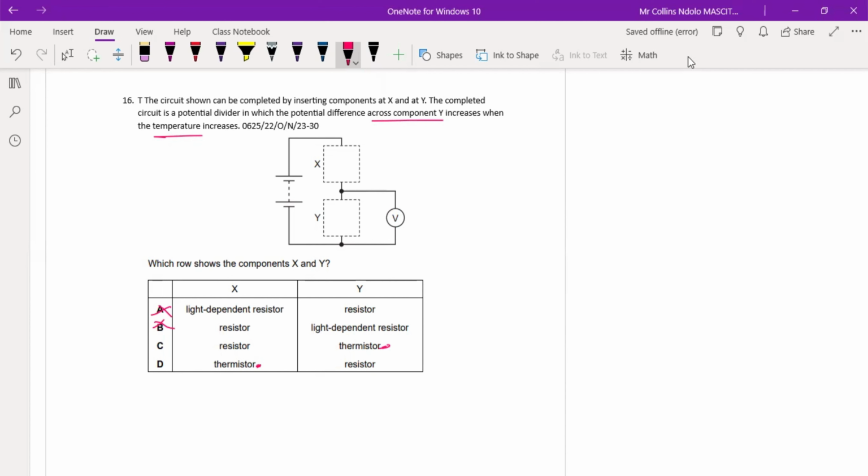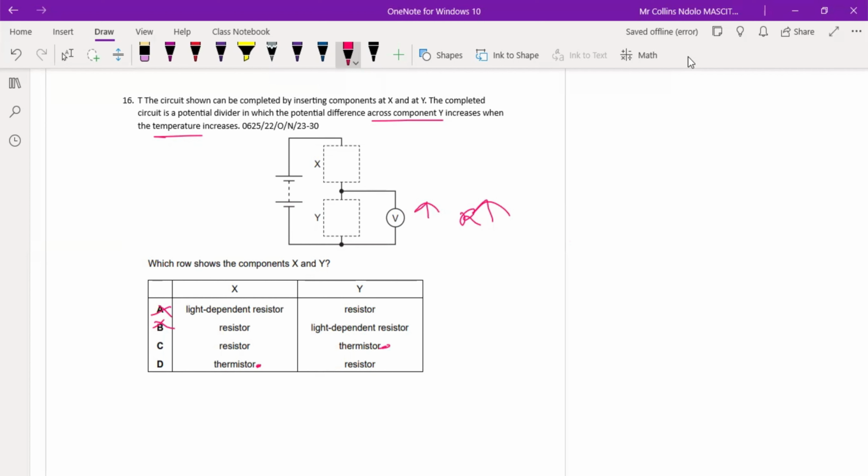Why? Because potential difference will increase if R increases. Because when they are in series, if resistance increases and the same number of charges are supposed to flow through it as the other one, that means more work has to be done. So when resistance increases, that means PD must increase.